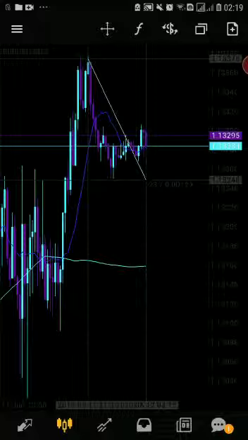So 1.04 divided by 10 cents, multiplied by 10 cents. Okay, hope this makes sense.